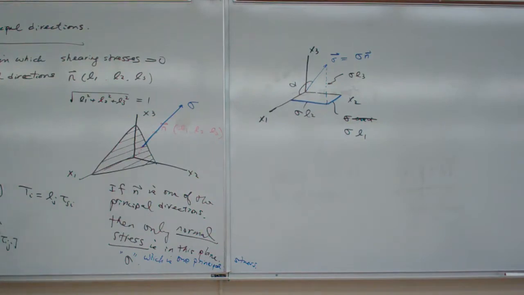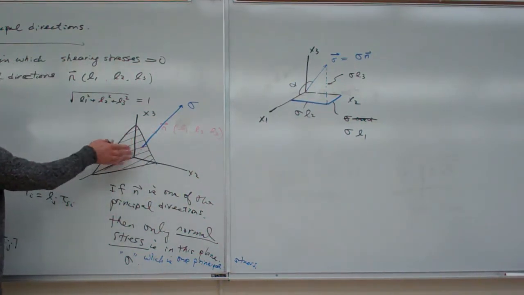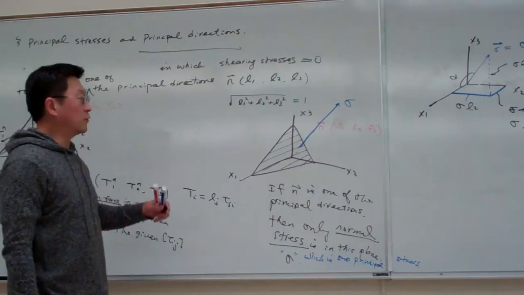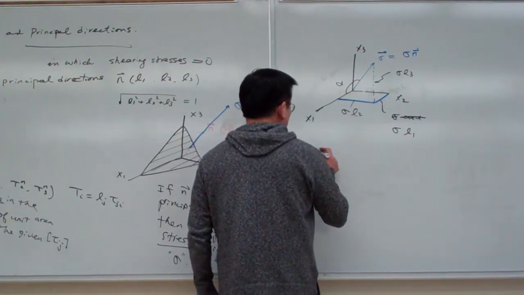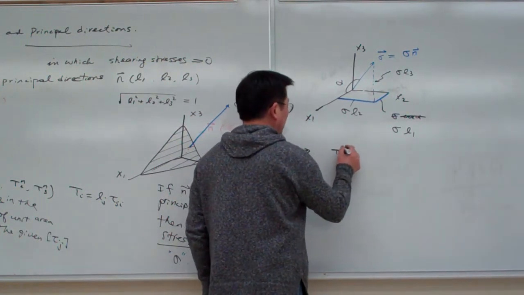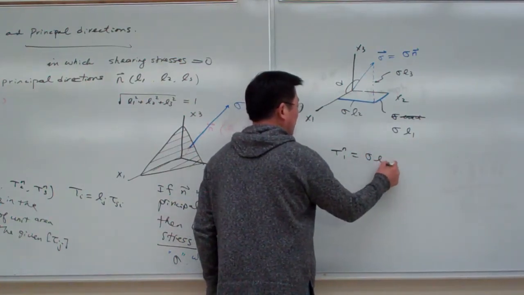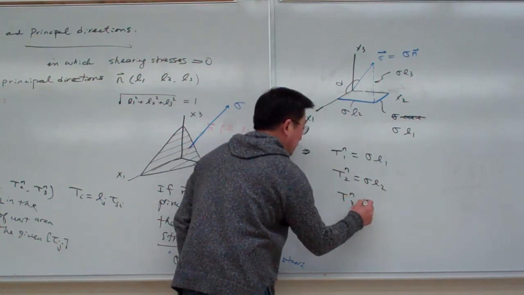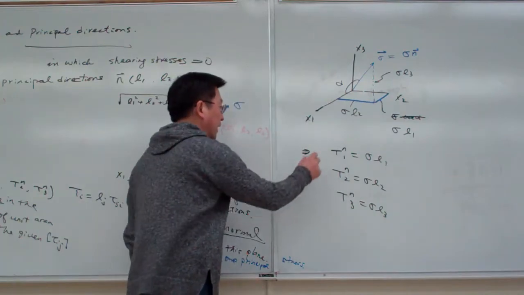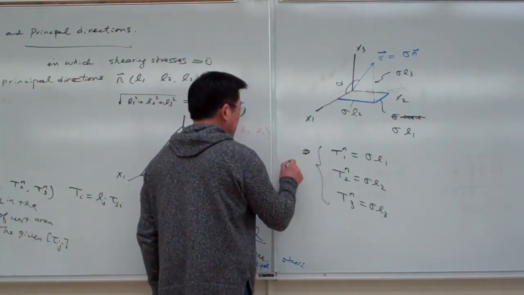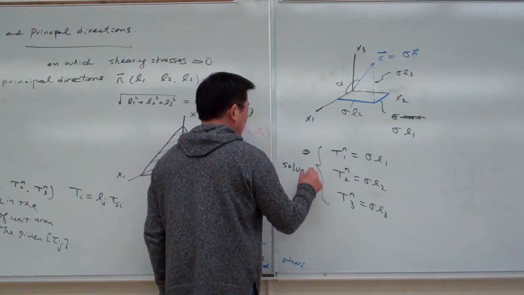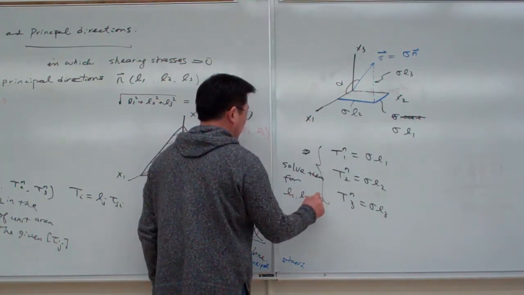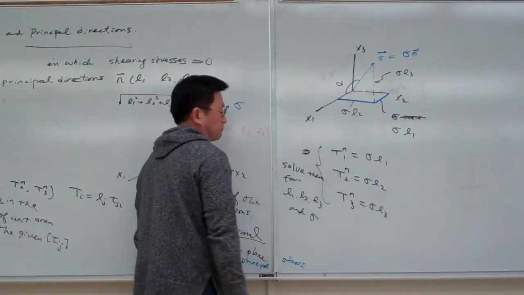Now, because this is from cutting the same free body diagram, and the two are equal, you can make them equal very easily. Therefore, for the calculation, Tn1 must equal sigma L1, Tn2 equals sigma L2, Tn3 equals sigma L3. That is our calculation. Solve them for L1, L2, L3, and sigma.